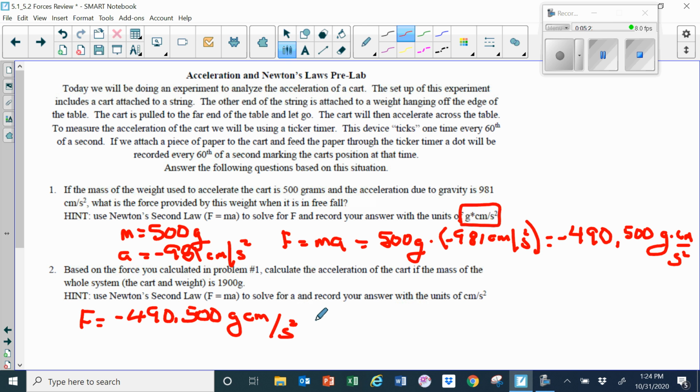We're going to use Newton's second law to calculate the acceleration of the cart.